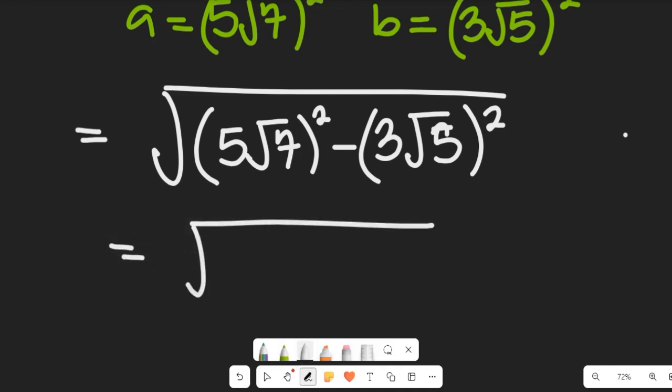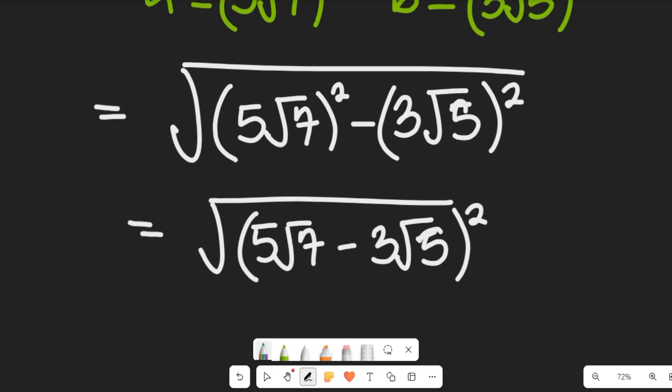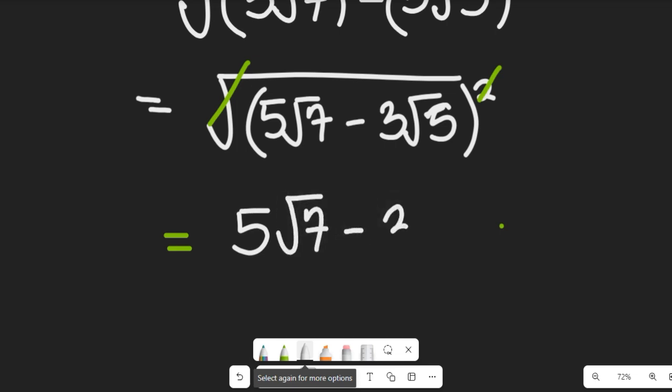And that expression will now give us the value of this to become the square root of 5 root 7 minus 3 root 5, all squared. So the square root will have to clear the square of this value, and so that expression is going to give us the value of 5 root 7 minus 3 root 7.